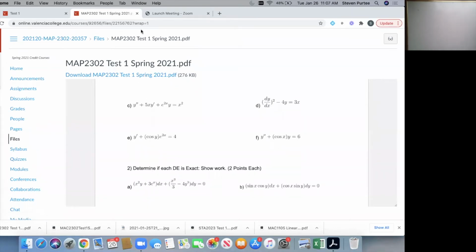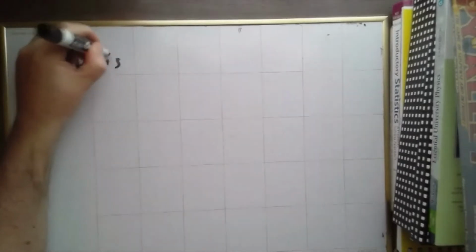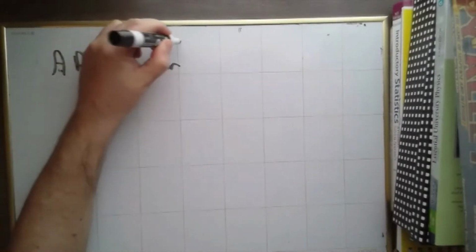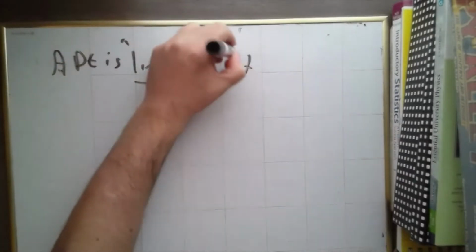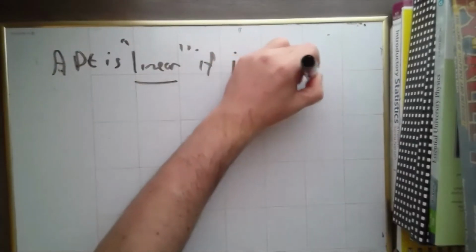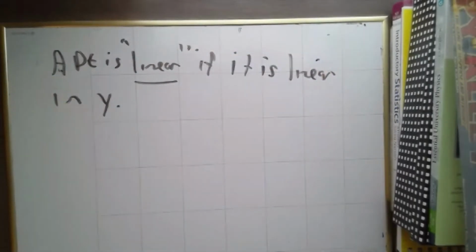Okay, let's talk about linear DEs. Here's a theory. A DE is linear if it's linear in Y. We don't care what the X's are doing.